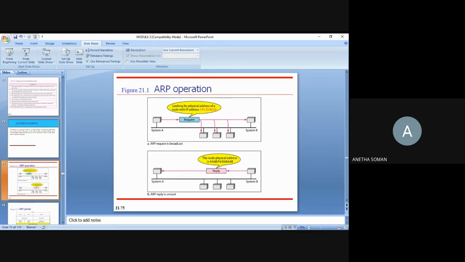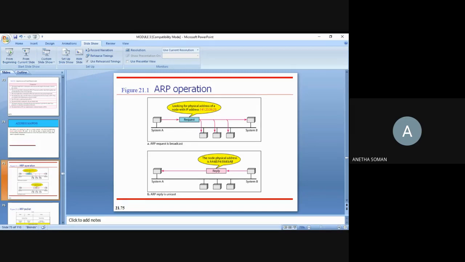But the only recipient who recognizes its IP address will respond to it. They will send the reply packet, or response packet. Now, what does the packet contain? The response packet contains the physical address as well as the IP address of the receiver.